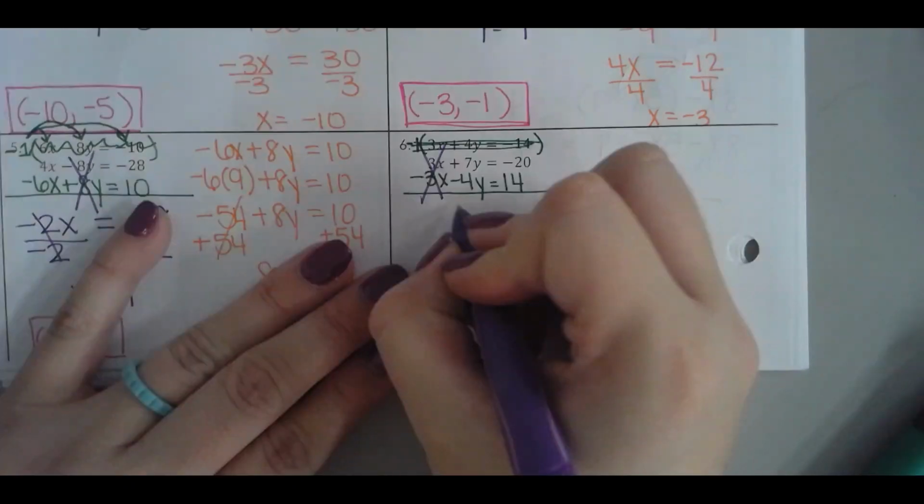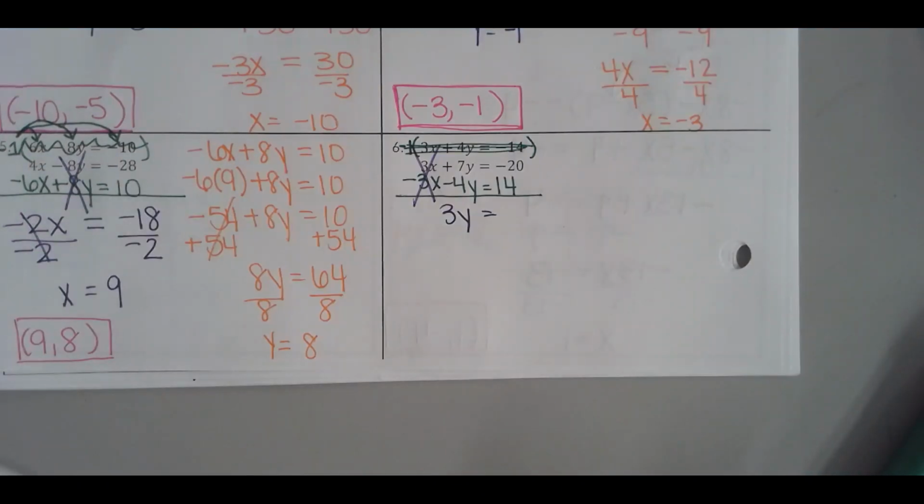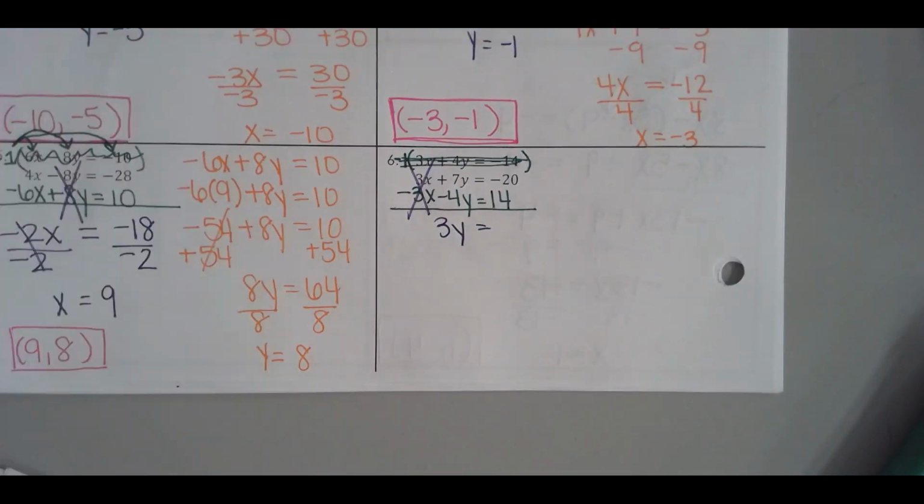So Brody, what do I get when I do 7? And what do I get when I do negative 20 and 14? Creed. Yes.